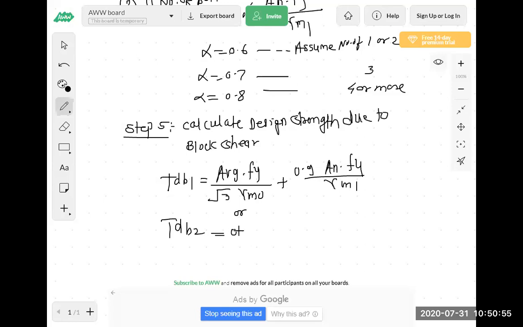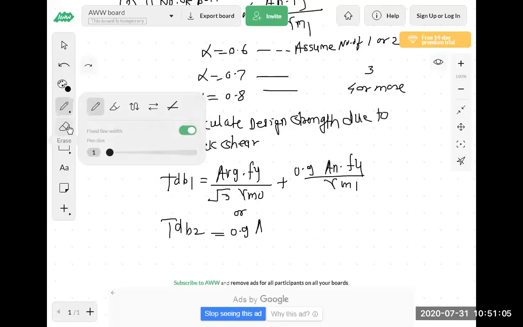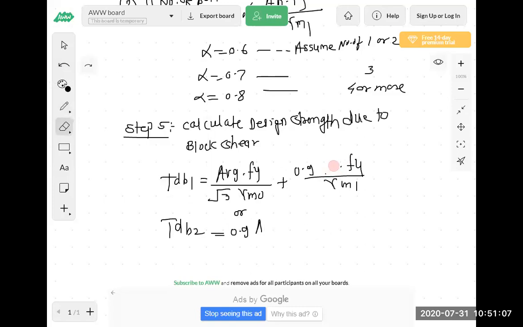And TDB2 is 0.9 AVN, sorry, ATN, please, 1 minute. Here also, please change it there. This is ATN.